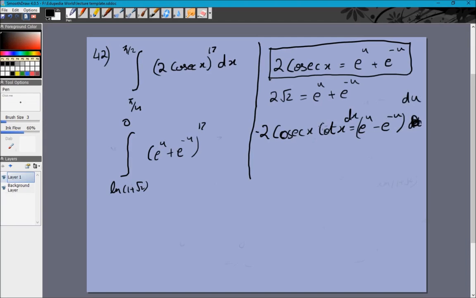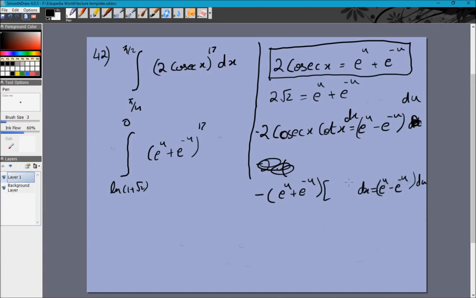Right, and now we can just put in the values here. Minus times 2 cosec x, which is e to the power u plus e to the power minus u, cot x dx is equal to e to the power u minus e to the power minus u du.